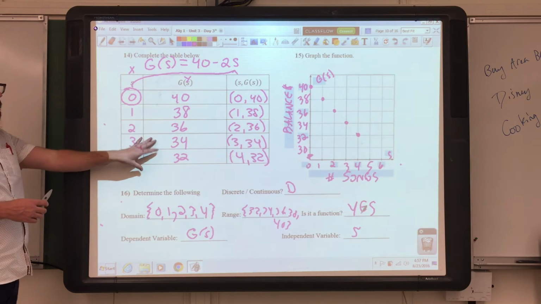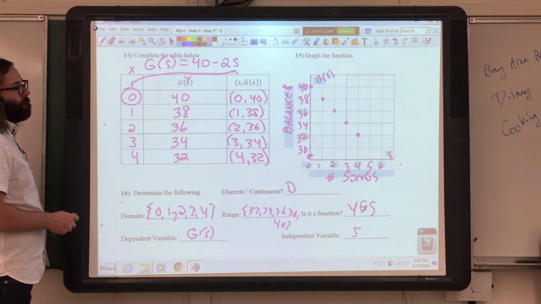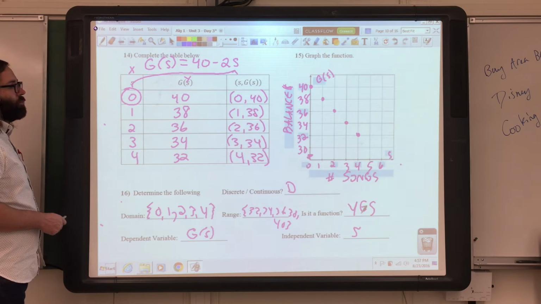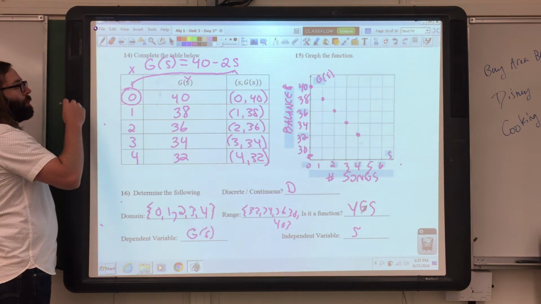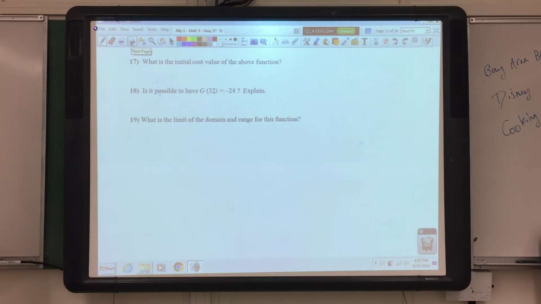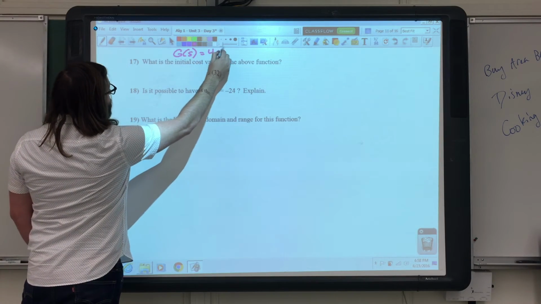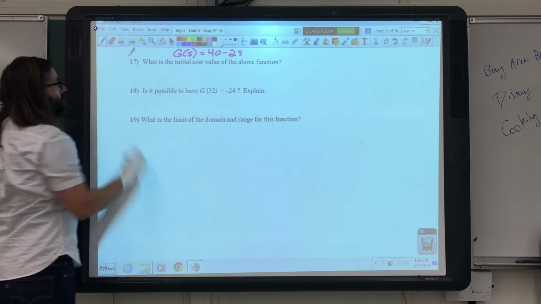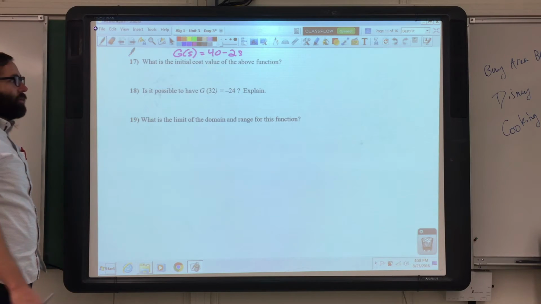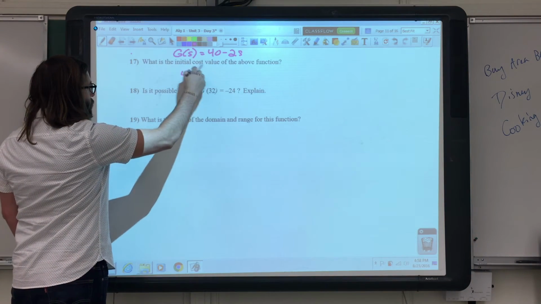Hopefully you guys are able to make these graphs, tables, determine all this stuff. Okay, initial cost. So remember, our function is g of s equals 40 minus 2s. The initial cost value, so that's not downloading any songs, that would be $40.